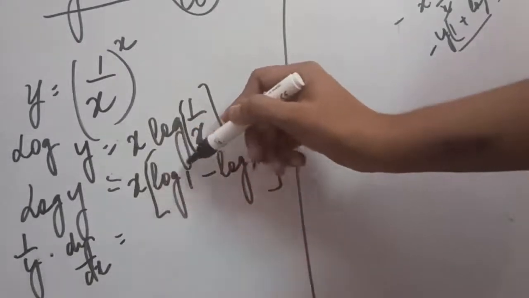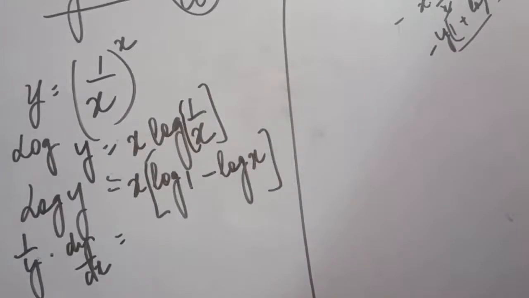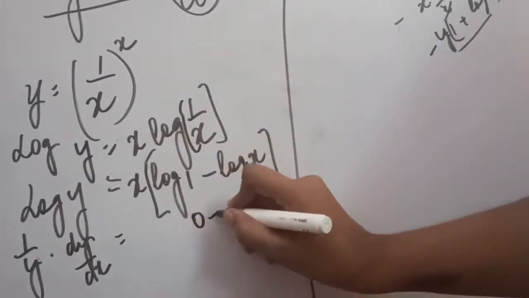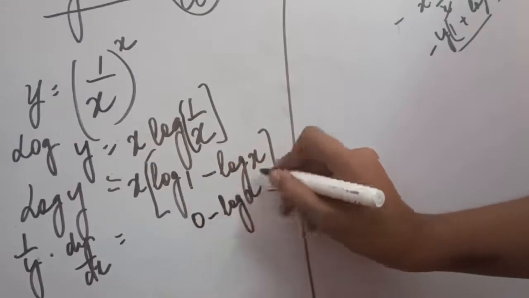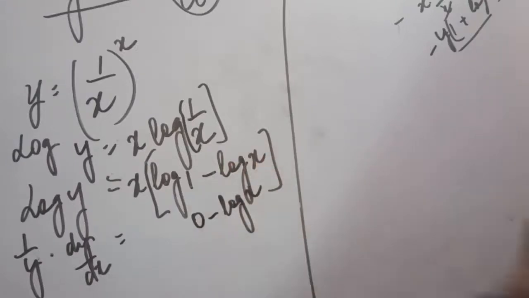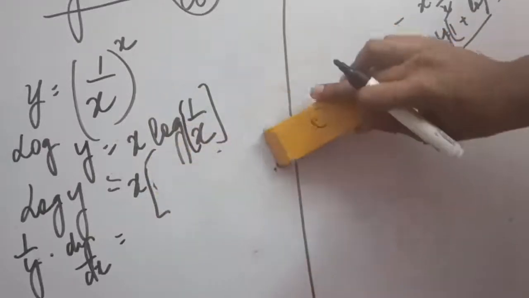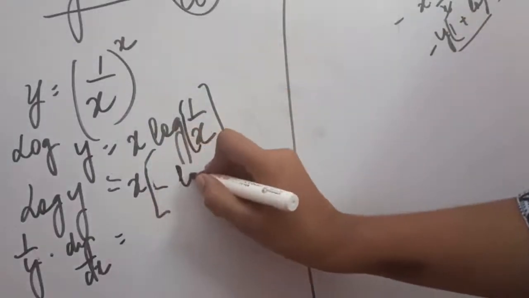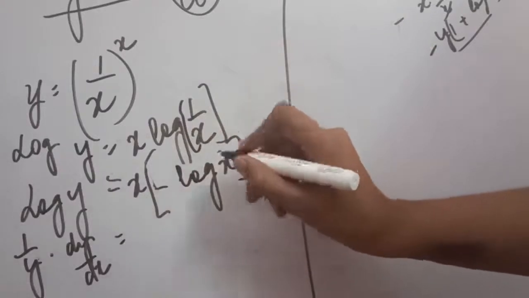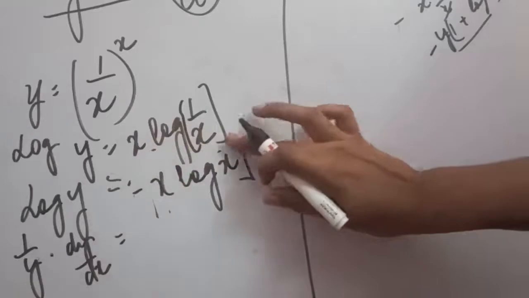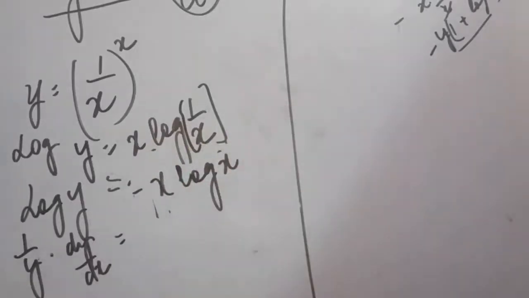You know that the value of log 1 is always equal to 0. So you can write here this value is 0 minus log x. So ultimately it will be minus log x. So when you solve this entire portion, it will become minus x log x.